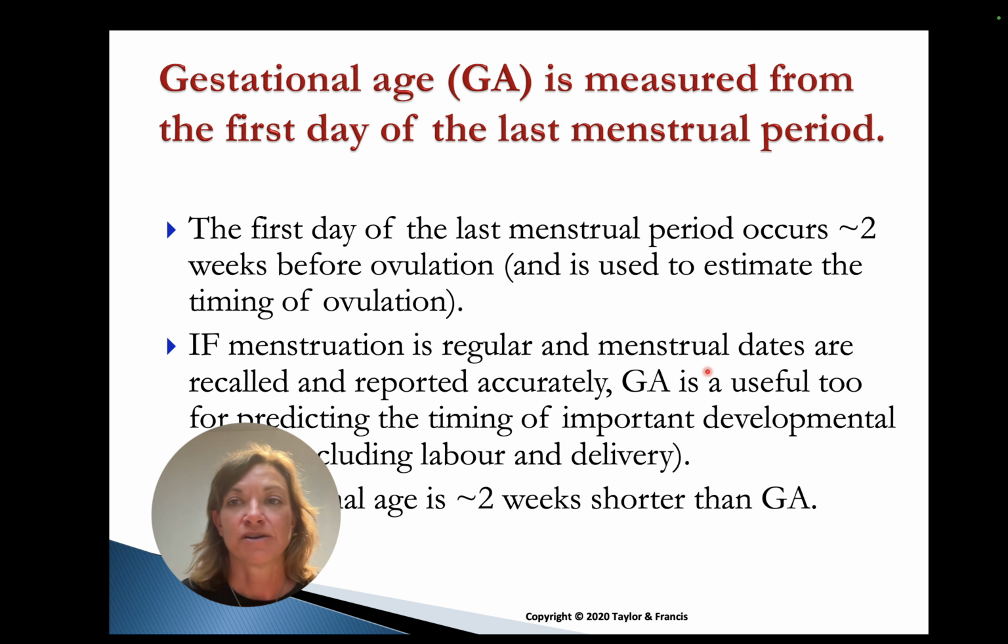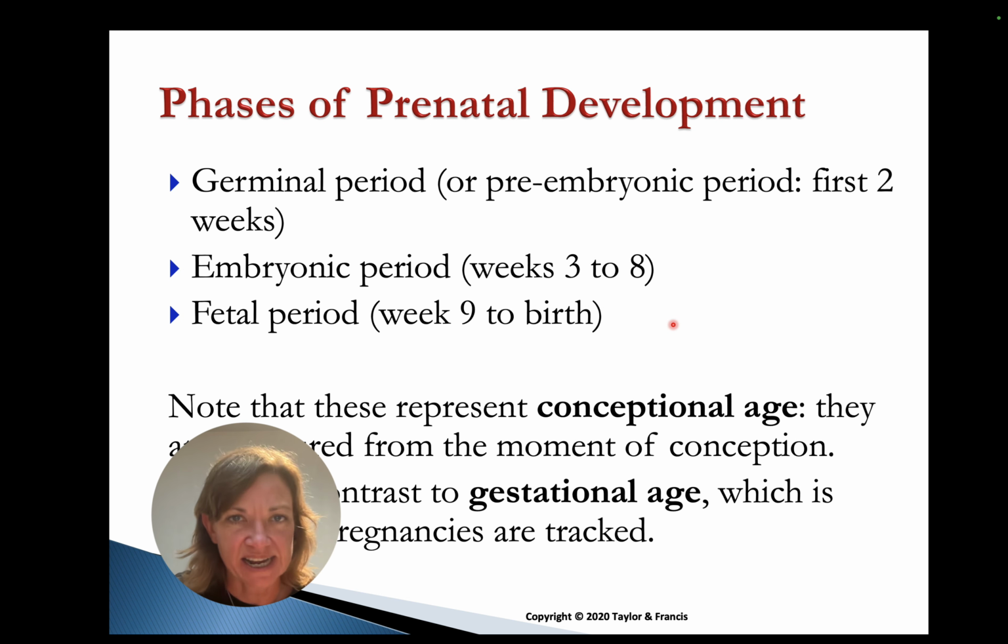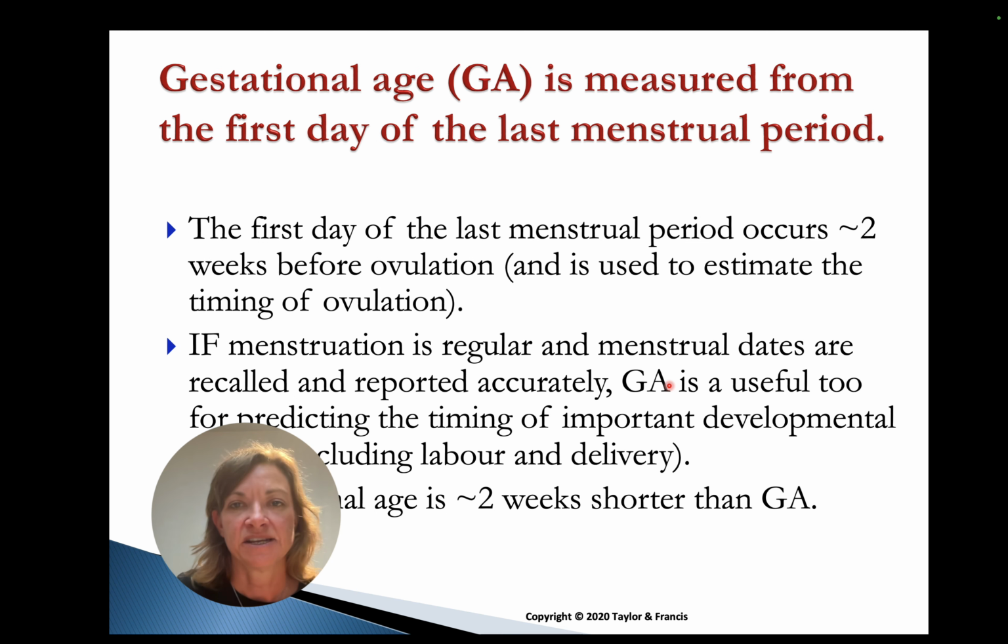And if someone says to you they're 13 weeks pregnant, they're likely talking about gestational age. When we talk about development to study it, we're talking about conceptional age. And because of the difference, this 2 weeks of ovulation time, conceptional age is 2 weeks shorter than gestational age.